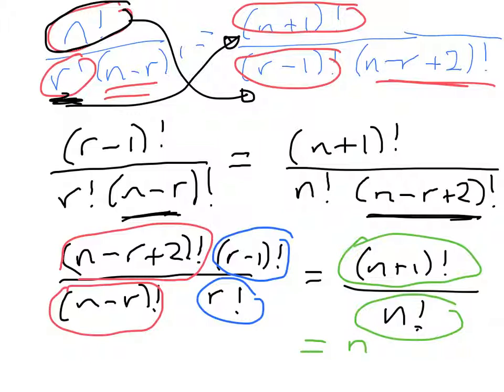Okay, this is like 9 factorial over 8 factorial. r minus 1 factorial over r factorial leaves me with an r in the denominator. And here, this number is 2 bigger than this one. Okay, so I'm going to do the last bit here on the next slide.